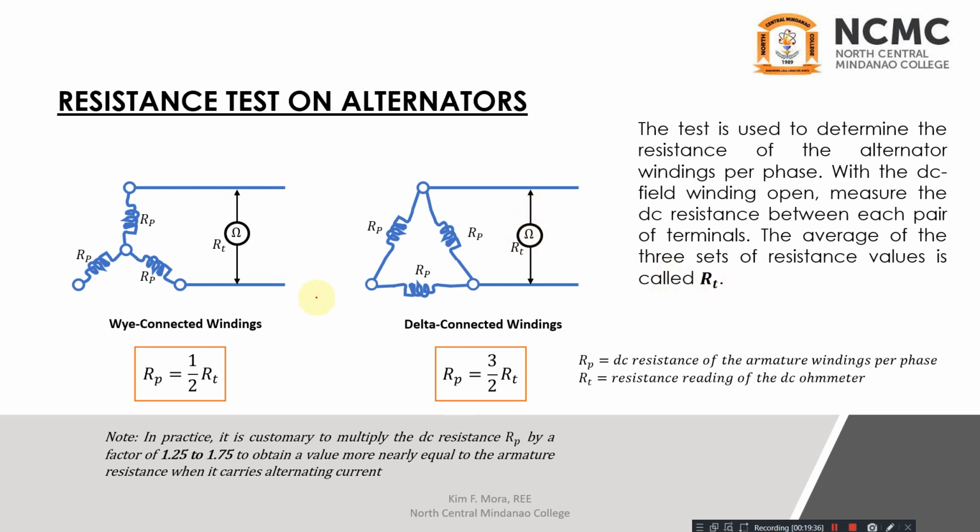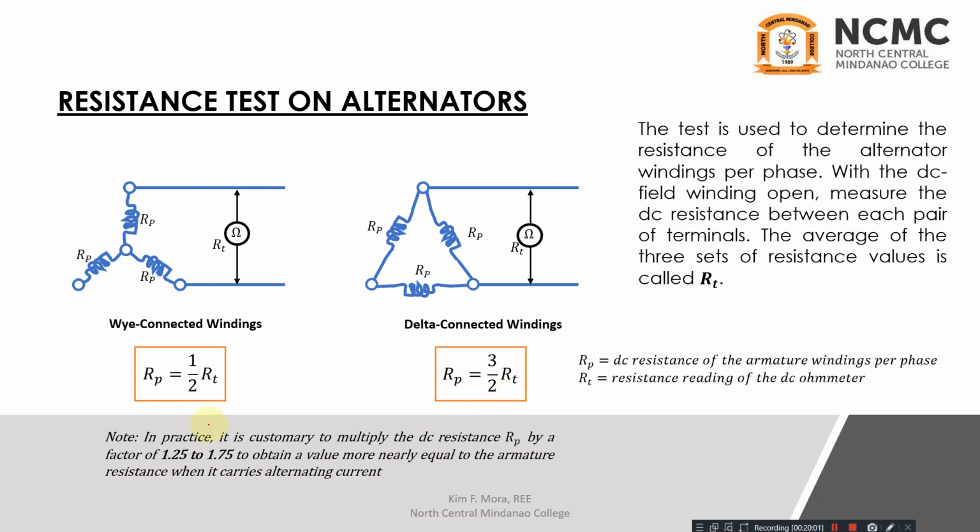The relationship between them is, if it is a Y connected winding, RP is equal to 1/2 of the RT. If it is a delta connected winding, then RP is equal to 3/2 of the RT.